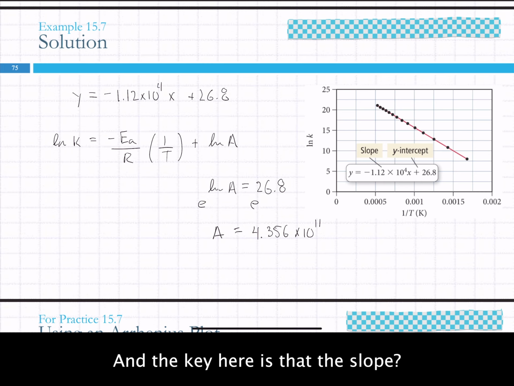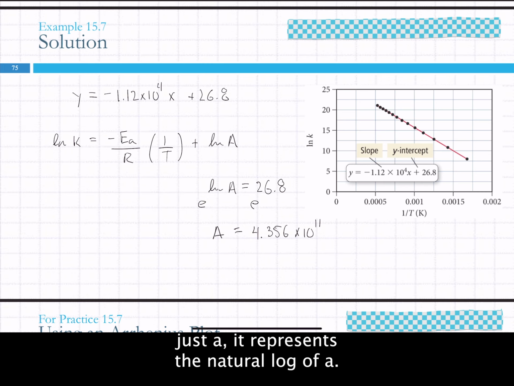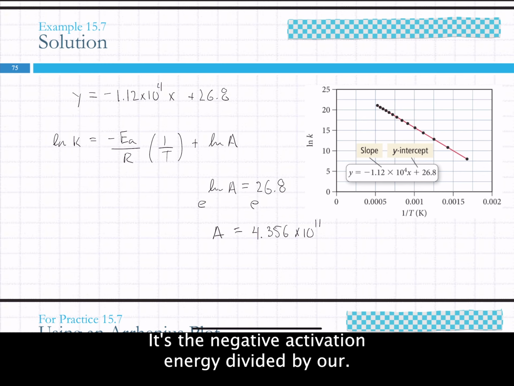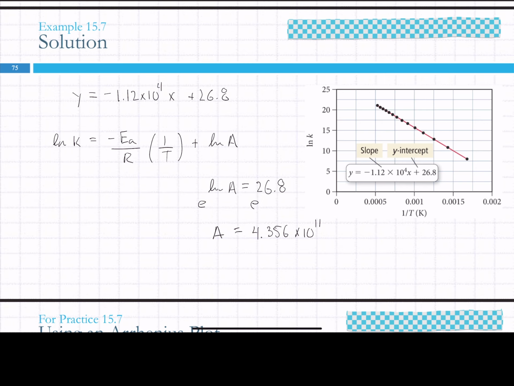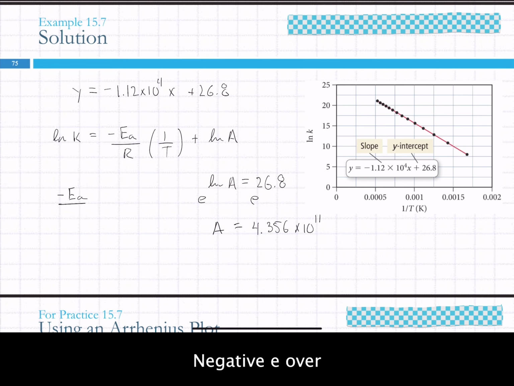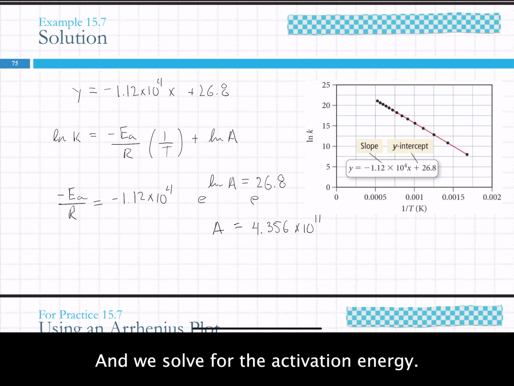And the key here is that the slope, just like this 26.8 didn't represent just A, it represents the natural log of A. The slope here is not just the activation energy, it's the negative activation energy divided by R. So we can do the same thing and set up another equation where it's negative EA over R equals negative 1.12 times 10 to the 4. And we solve for the activation energy.